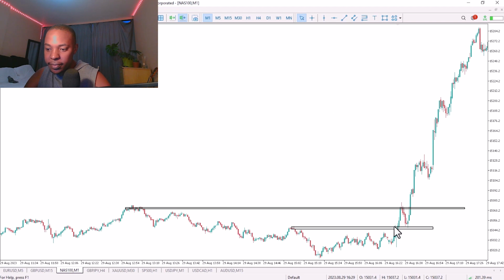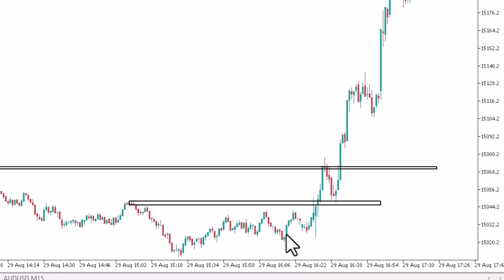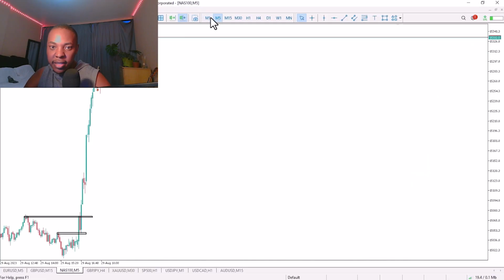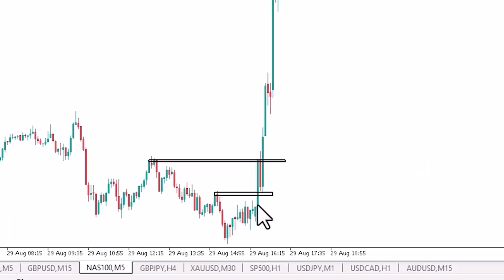So yeah, as you can see, it came down here, filling also this BC here, which I did not notice, and then price went up, came back down. I was waiting for a 5-minute gap to be filled so I could take a buy, but my entry didn't actually confirm.